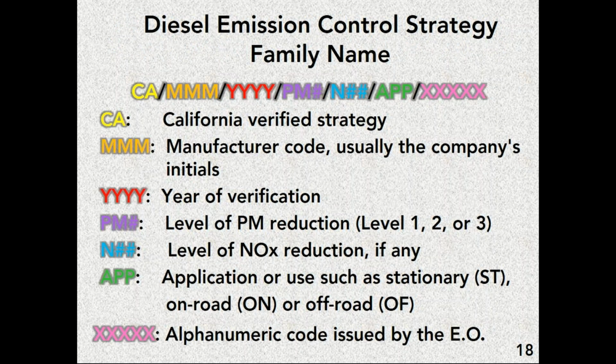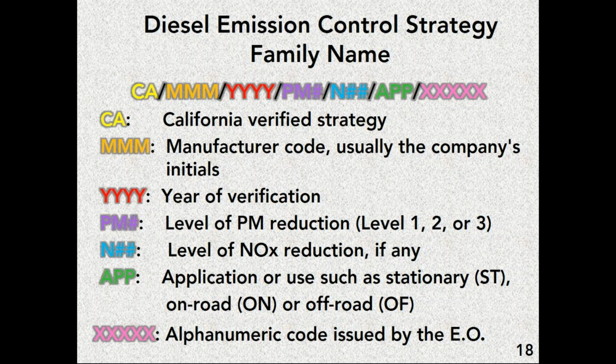Let's talk about the family name associated with these particular devices. So diesel emission control strategies, verified diesel emission control strategies, filtration systems, have their own separate family name. It's similar in construction to the family names that we talked about for the engines, but it is different enough that I need to explain. So on a diesel emission control strategy, you will have a plate that lists the family name with these components.